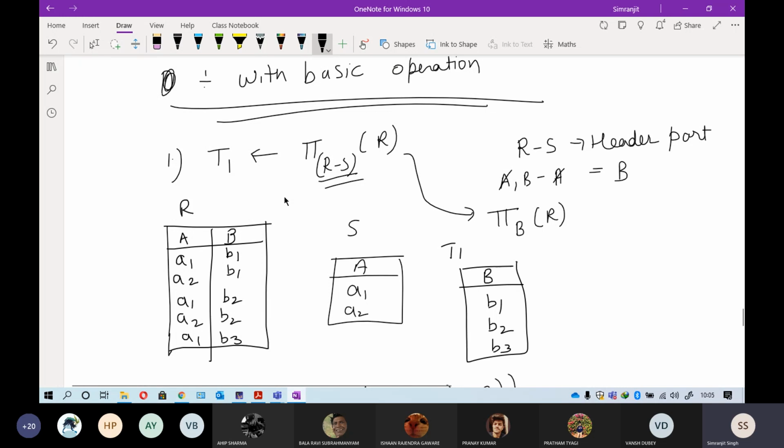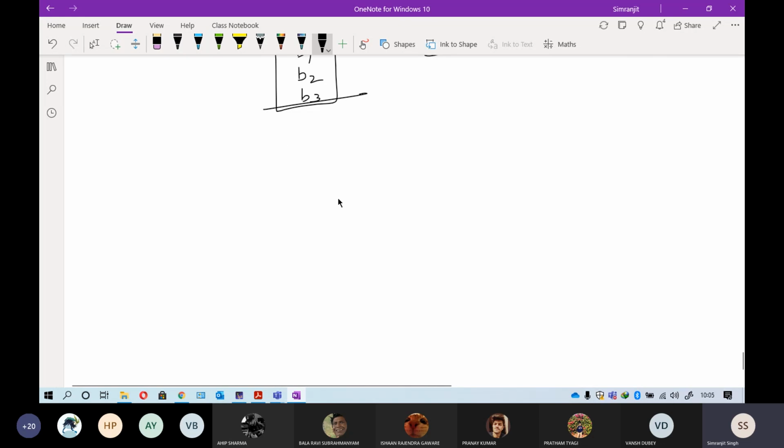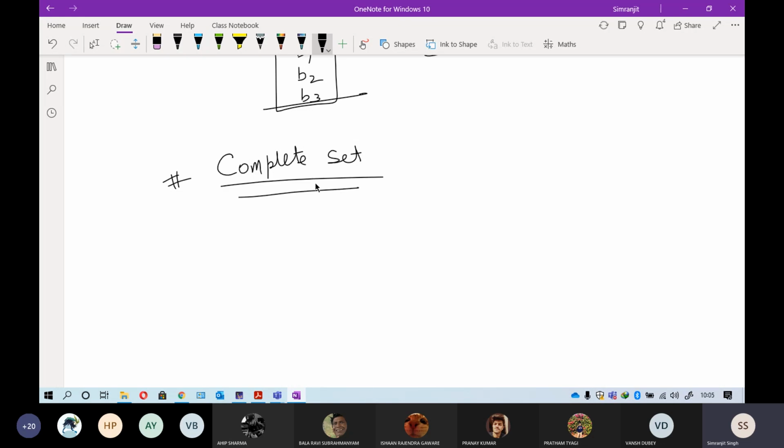The actual performance, how you actually perform it, is followed by three basic operations. Now, till now we have seen many operations, now with the help of join. What I have to tell you is that there is something called a complete set. The concept of a complete set is that whenever you are applying operations that are unique and cannot be implemented with the help of any underlying operations, you can call those operations a complete set.